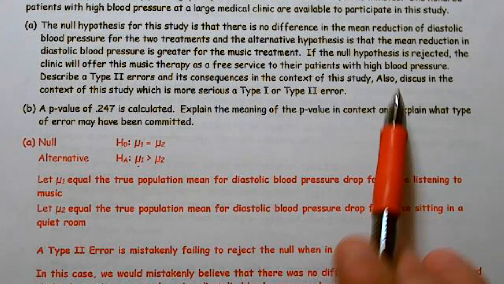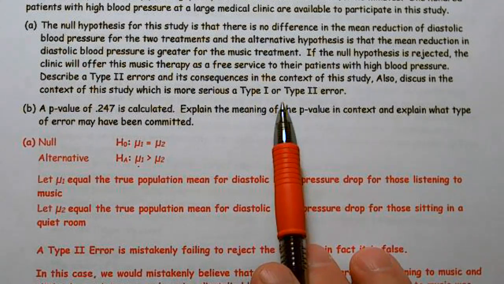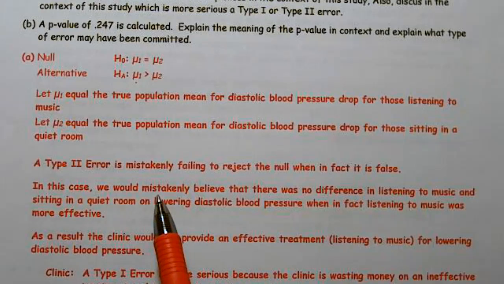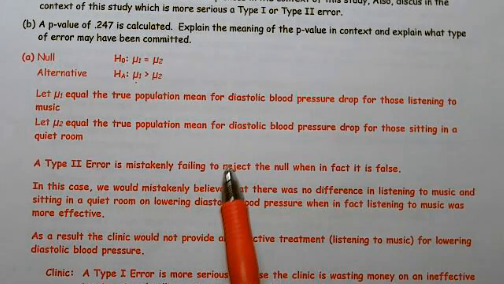The last part also asks, in the context of the study, which is more serious, a type 1 or type 2. A type 2 error is mistakenly failing to reject the null when in fact it's false. That's just the definition. It lets people know what you're talking about. And chances are, if you have that and this part's a little bit off, you're likely to receive some credit. If you only write that, you get no credit.